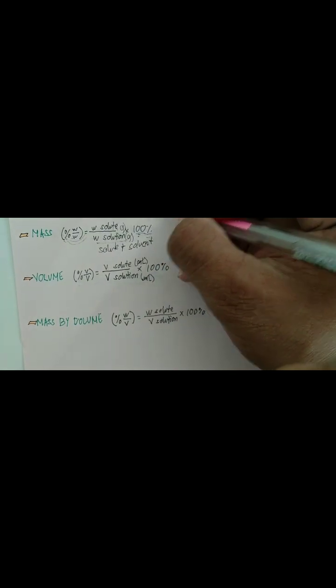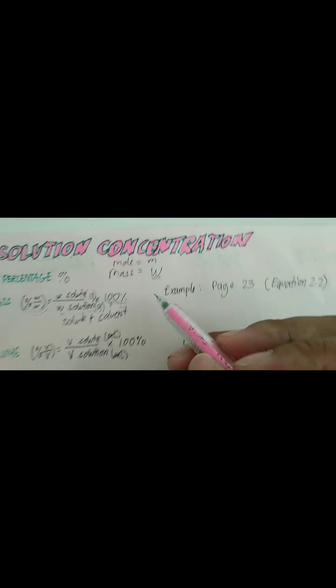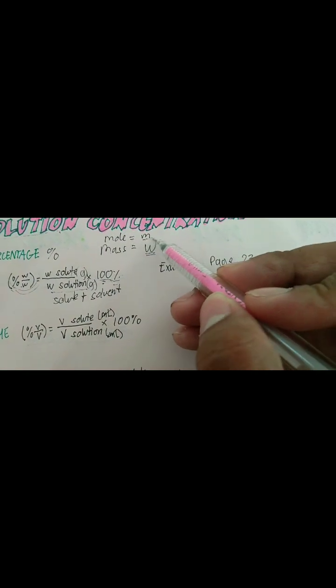Our mass is denoted as W. Why W? Because if you use M, M is for mole. If you use M, we will have a conflict in understanding the concept of moles.